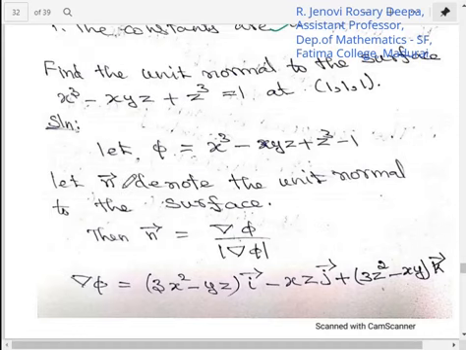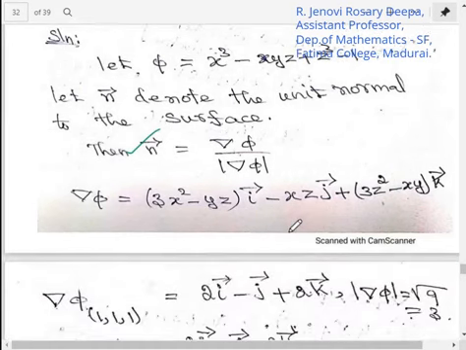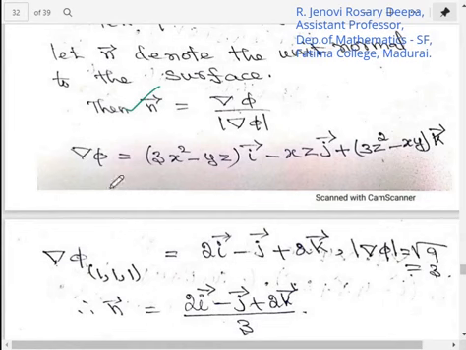Next, we need to find the unit normal, which we denote as the vector n. We know the formula for the unit normal: gradient phi divided by modulus of grad phi. So you need to find grad phi and modulus grad phi.